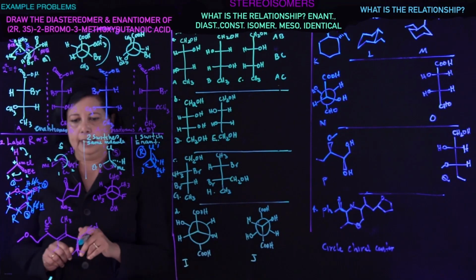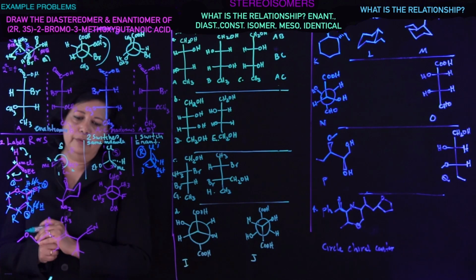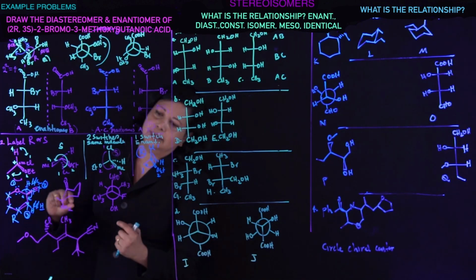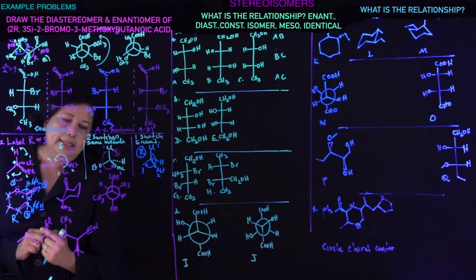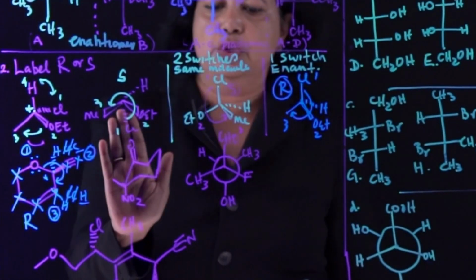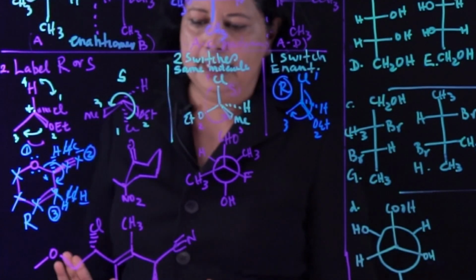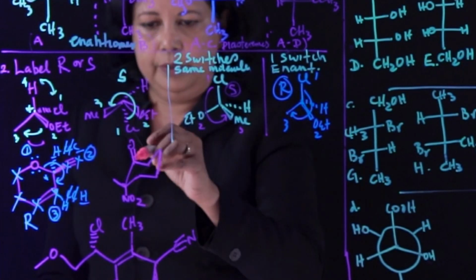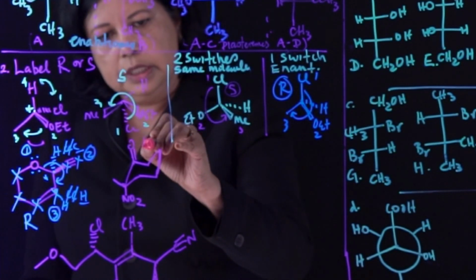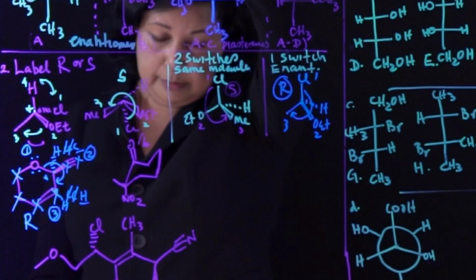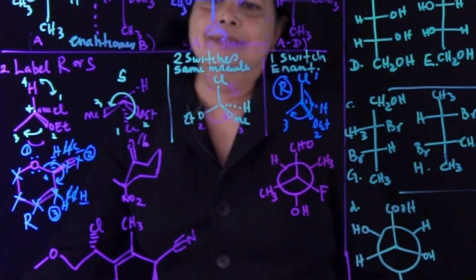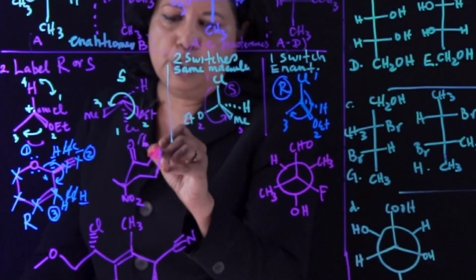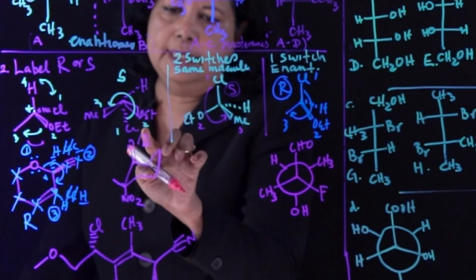Look at this molecule. Fun, fun, fun. What are you going to do? Get under the chair and look at it? That's one way to do it, and make an S. Or you can redraw this. Let's redraw this molecule. The way to redraw this is to look at it from the top. So let's look at it from above and just draw it out the way you're going to see it.